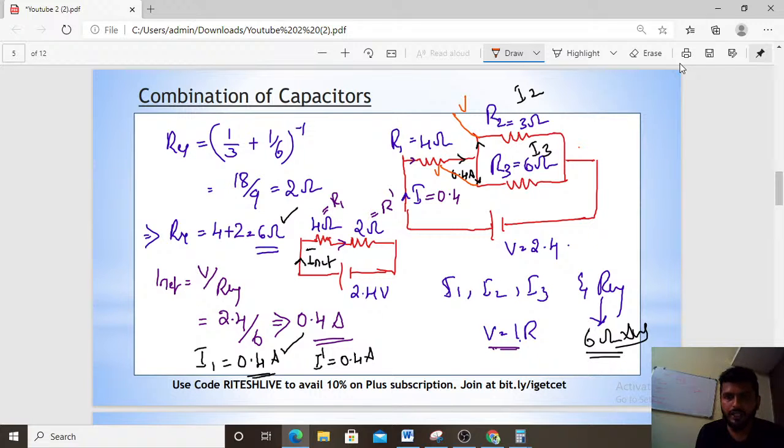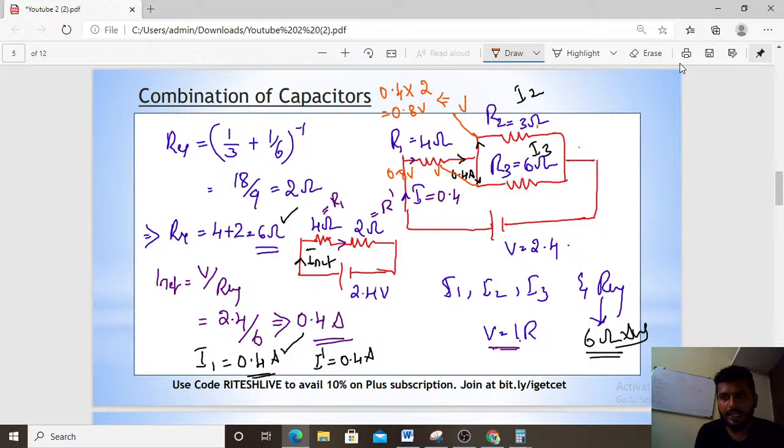So V I need to find. V is what? V is equal to I into R. So I is 0.4 into R. R is R equivalent of these two, 3 and 6. How much? 2 I got. So that is 0.8 volt. Here also that is 0.8 volt.